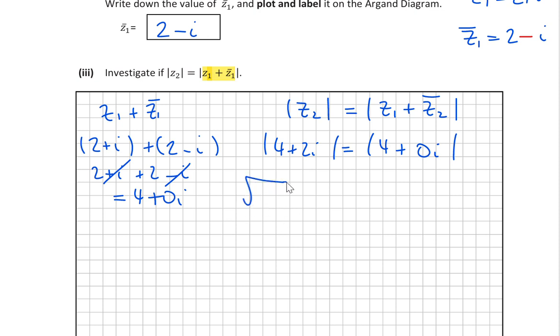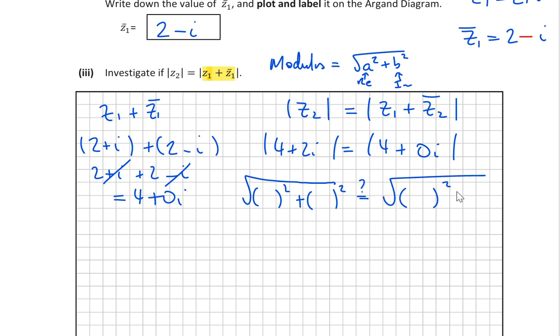So, remember our modulus formula. The real part squared plus the imaginary part squared. Or, sometimes you might say, the modulus is equal to the square root of a squared plus b squared, where a is the real and b is the imaginary. So, doing that, are they equal?